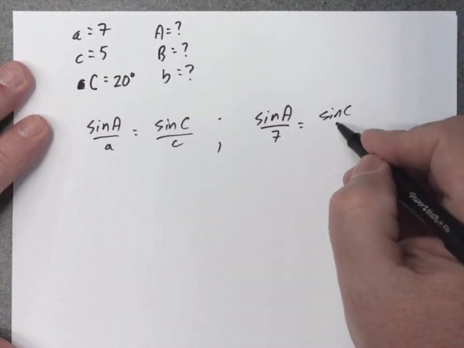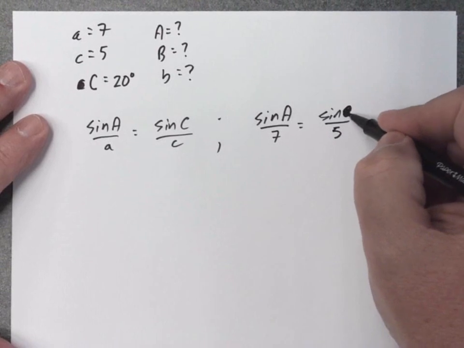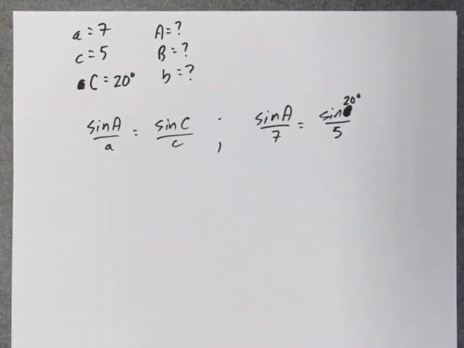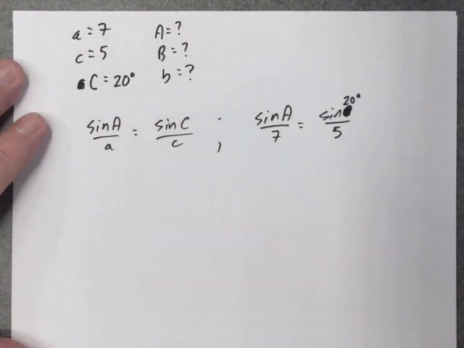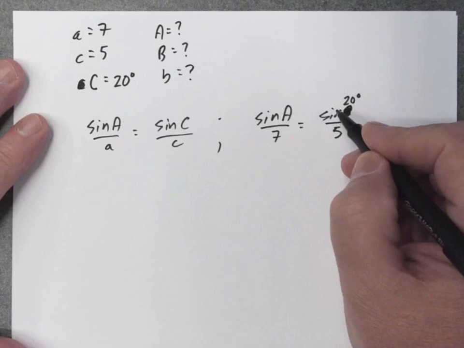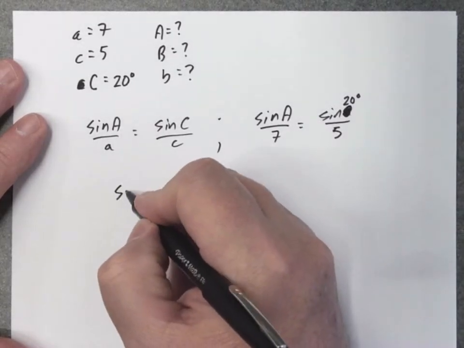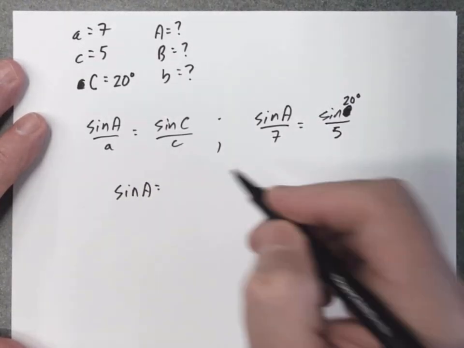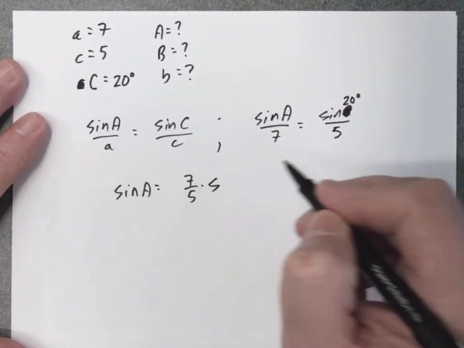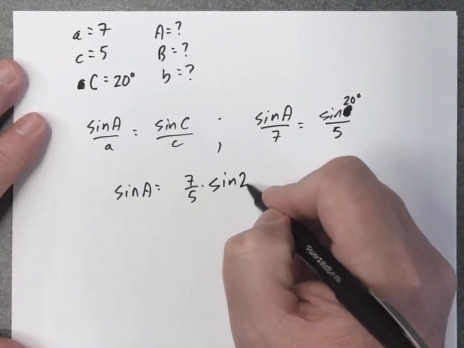Sine of C over side C, I know C is 20 degrees. So the sine of 20 degrees over 5. So if I cross multiply, actually don't cross multiply, just multiply both sides by 7. And I get sine A equals 7 over 5 times the sine of 20 degrees.